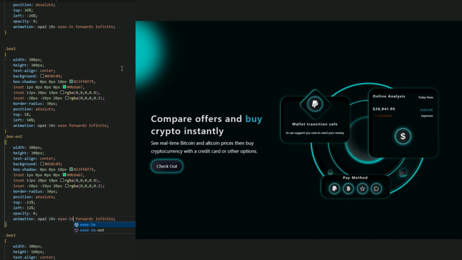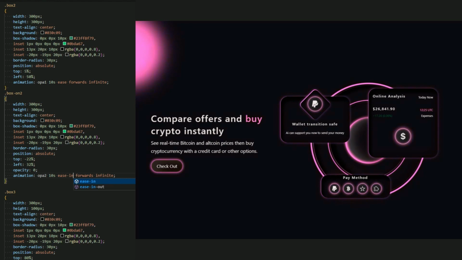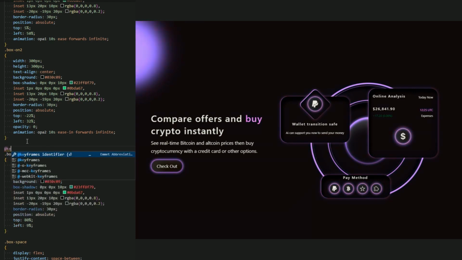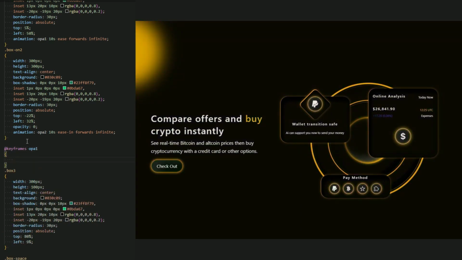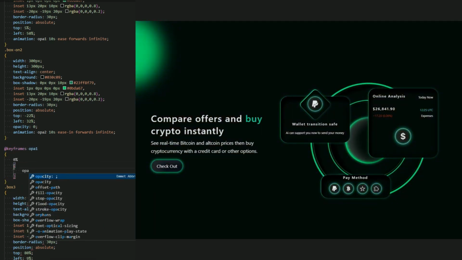Okay, now for the keyframes, it's just simple and you're going to learn it very fast. For keyframes OPA1, let me add 0%, opacity 1, because box 1 has opacity 1 as a default.